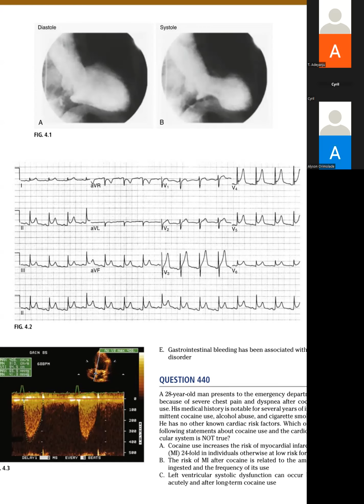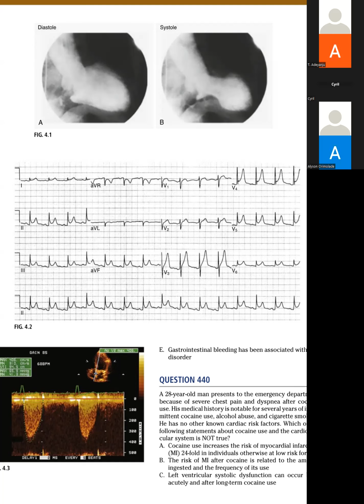So if you see the diffuse nature of this ECG picture, one is inclined to think of a pericardial condition, that's pericarditis.